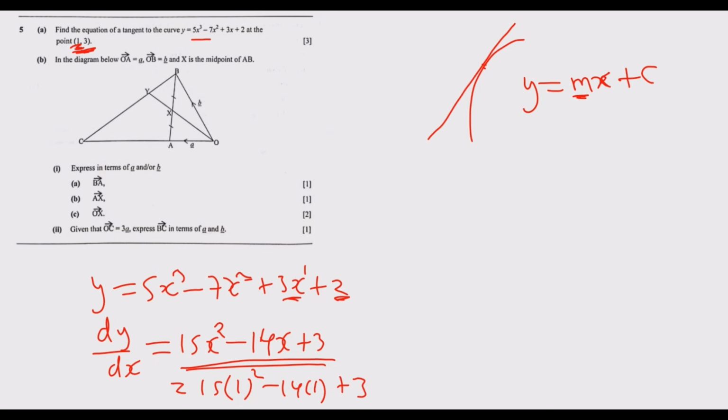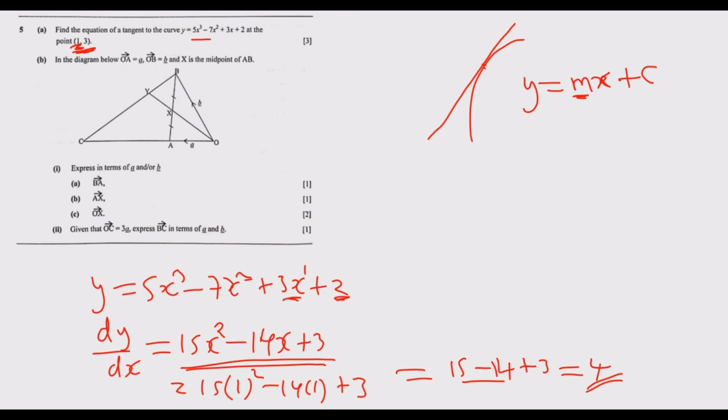So 1 times 15 is 15, minus 1 times 14 is negative 14, then plus 3. This is just 1 plus 3, we get 4. So our gradient there is 4.